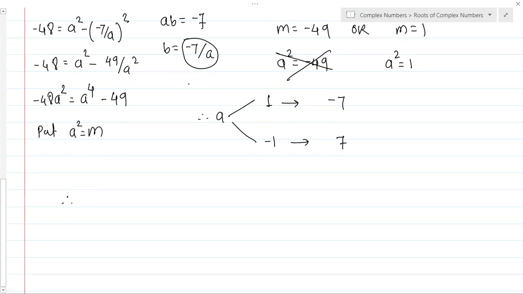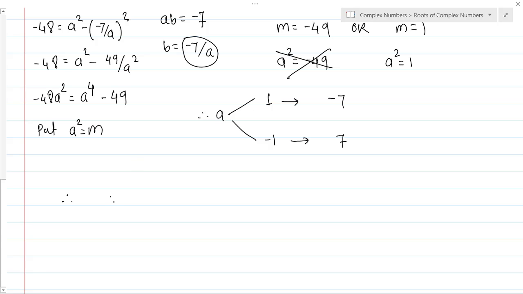I will be having 1 minus 7i or minus 1 plus 7i. So if I combine these two, I will be having plus or minus (1 minus 7i).